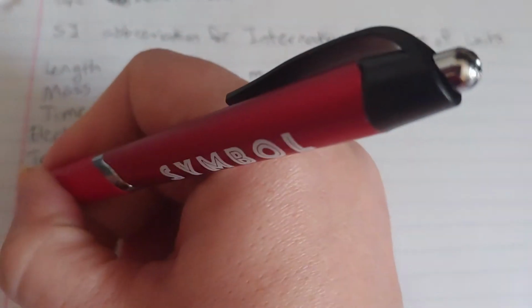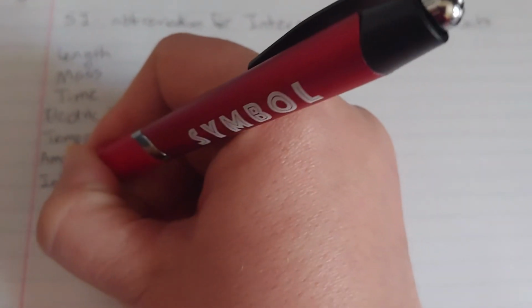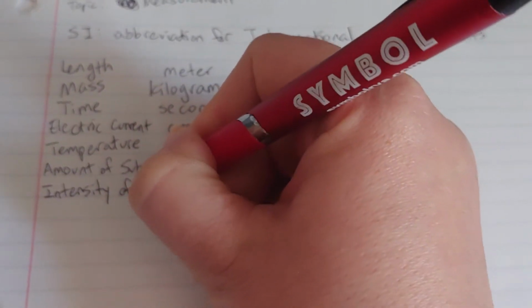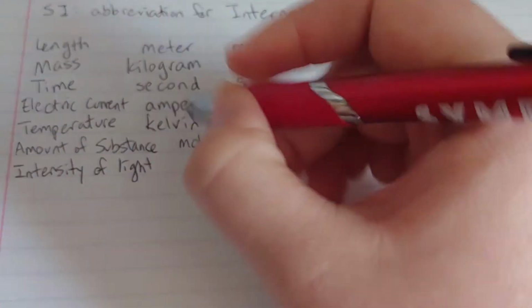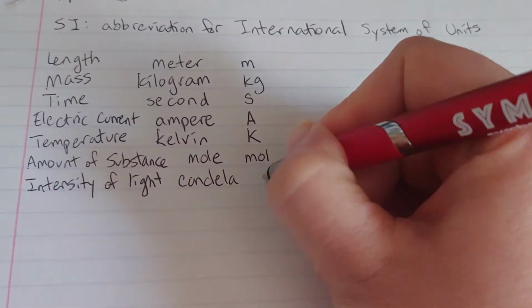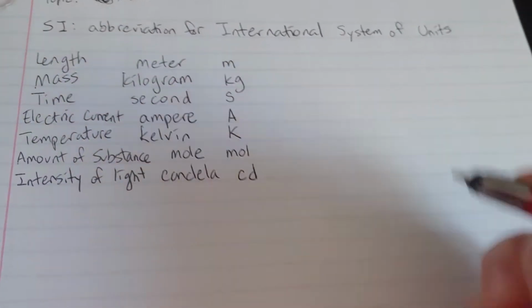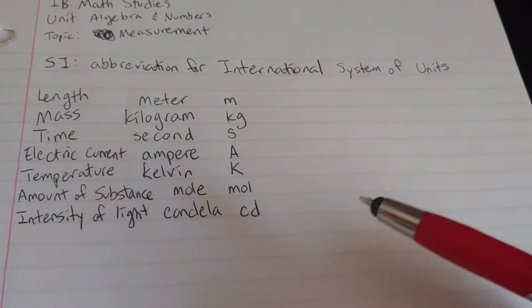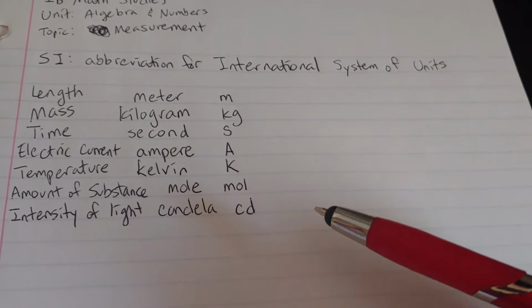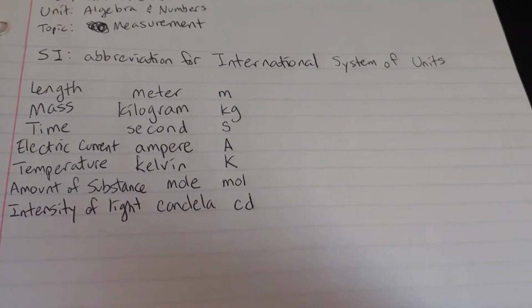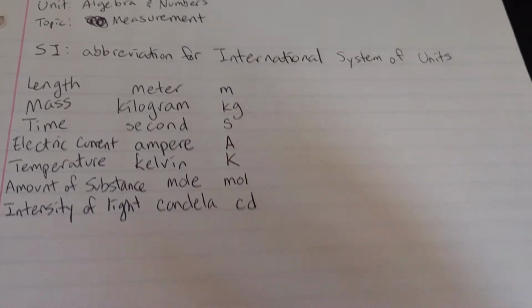And then for intensity of light, we have the candela, which is cd.